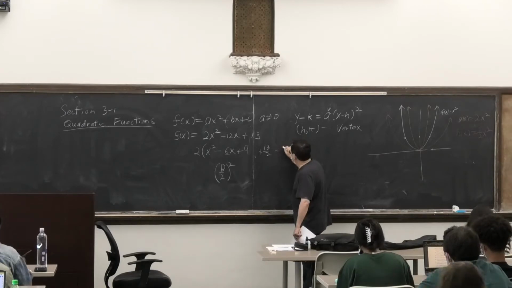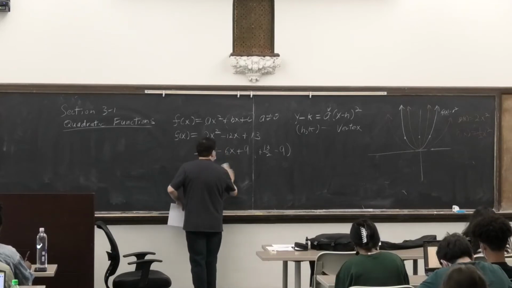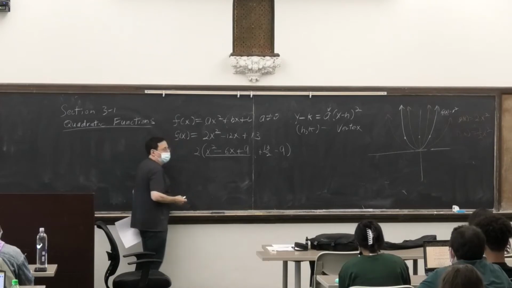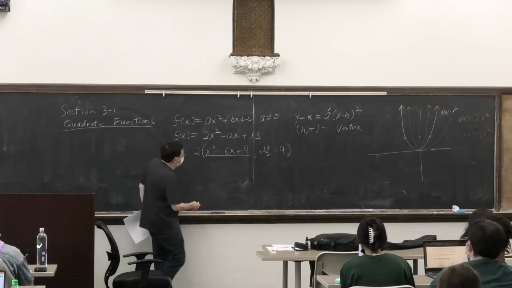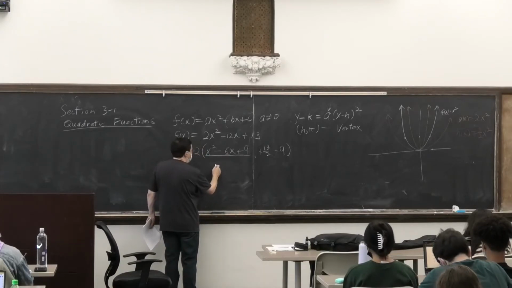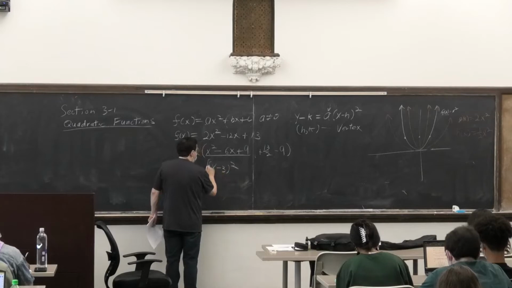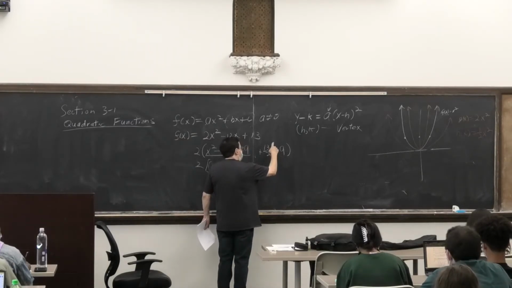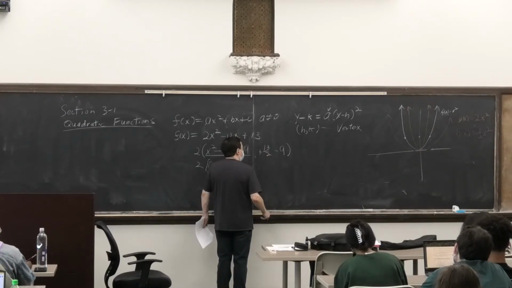We have to subtract 9. Well, now we know this is a perfect square. In this case, it's x minus 3 squared. Plus, what do we got here? 18 plus 13, 28, 31 over 2.